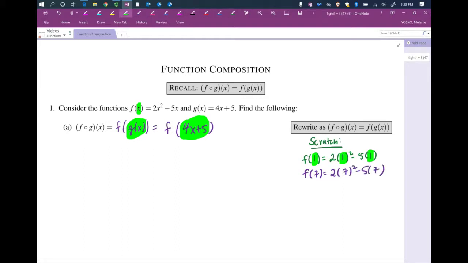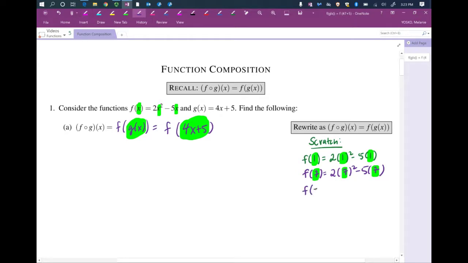I should have highlighted these x's as well. I'm replacing every x with a 7, so we need to replace this x and this x as well. Again, we're not going to clean it up. We are just trying to find the pattern.